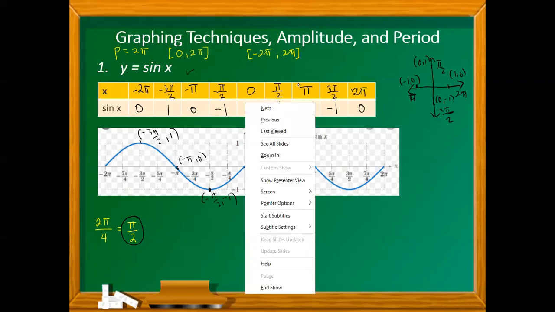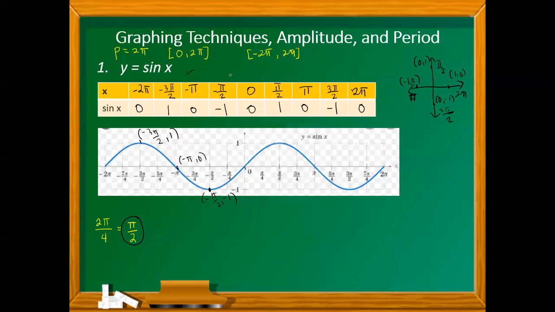And then pi over 2, 1 here. Pi, 0, 3 pi over 2, negative 1, 2 pi, 0. So all the points here are plotted into a sinusoidal curve. So we come up with the graph of y equals sine x equal to this graph.